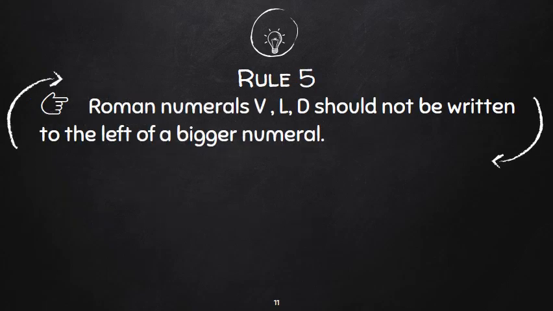Now come to rule number 5. This rule says Roman numerals V, L, D should not be written to the left of a bigger numeral. Let us understand this with the help of an example.